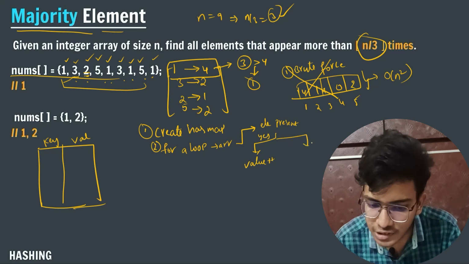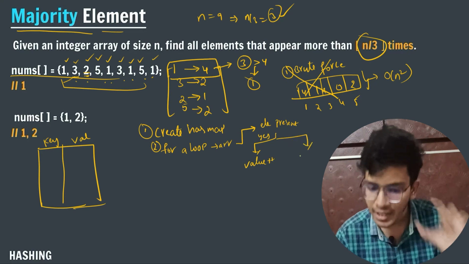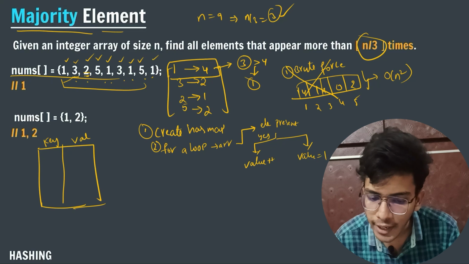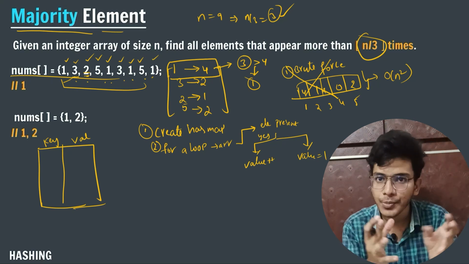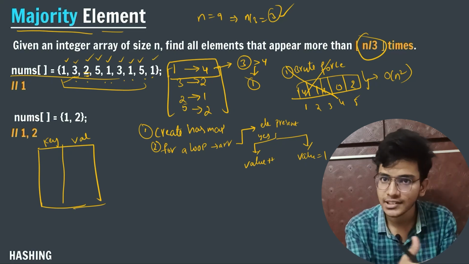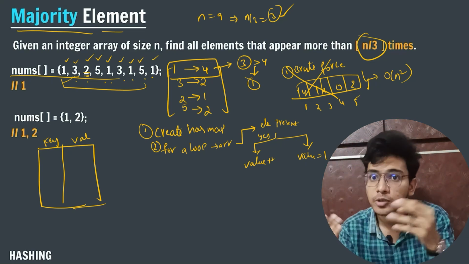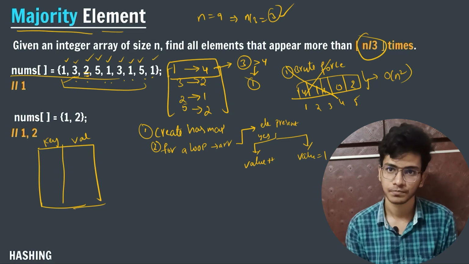Else, if it does not exist in my hash map, then I will put the value equal to 1. So I am creating a hash map where on the left side I am storing elements and on the right side I am storing their frequency.